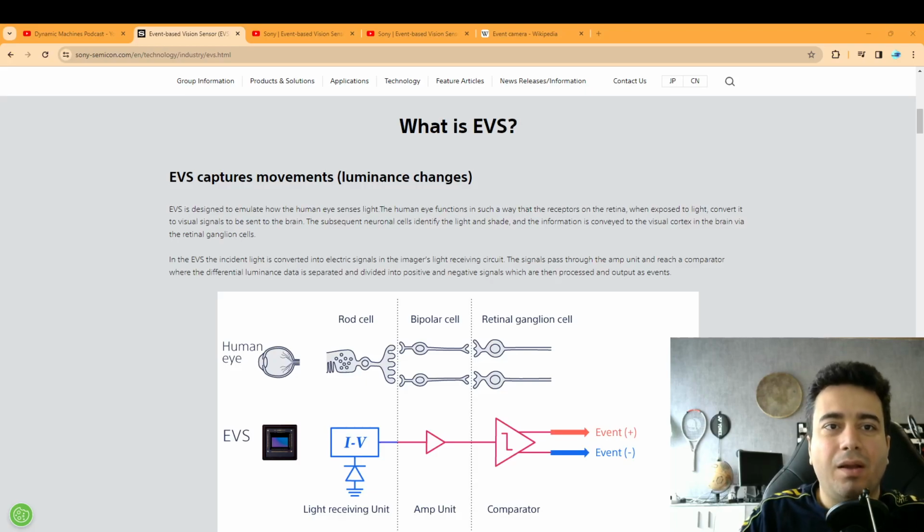Hi. So, in this episode, I would like to talk about EVS or event-based cameras. They are very interesting cameras. I would say it's a very interesting technology, which is a little bit or completely different from the normal camera systems, which are basically frame-based cameras, and they have pixels.